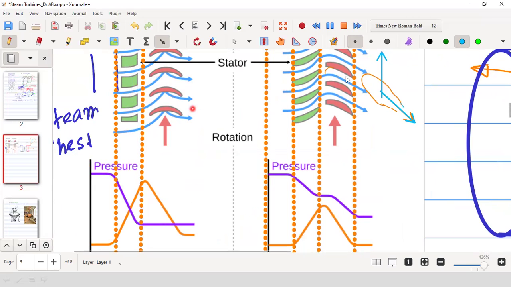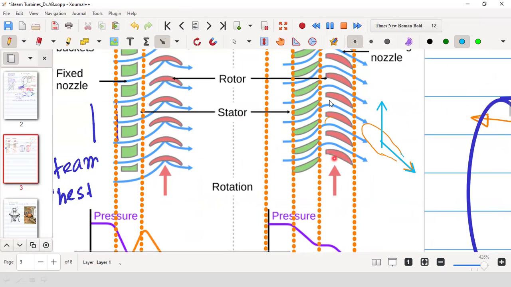And when the fluid moves and expands in the passage and in reaction the blade moves, that principle is called the reaction principle. Therefore, don't you think that this is a combination of impulse and reaction? That means both the principles are present.